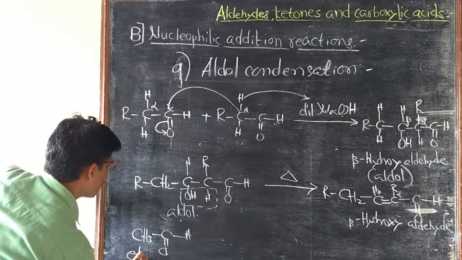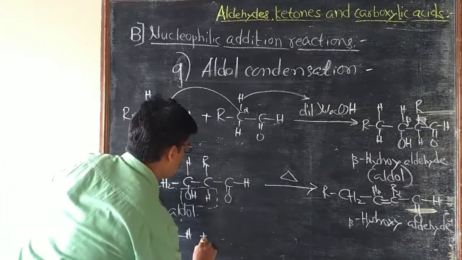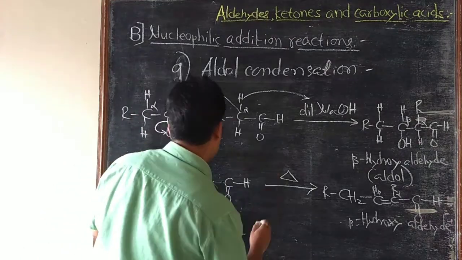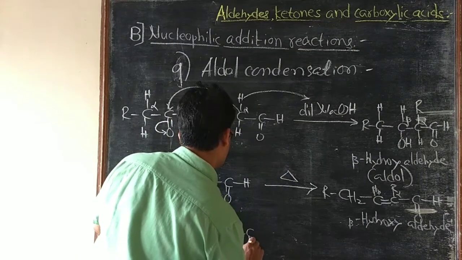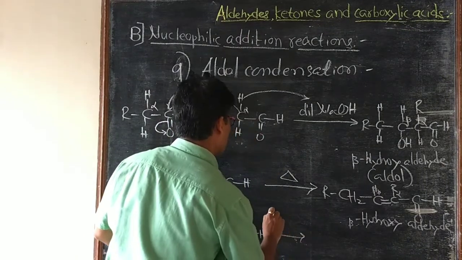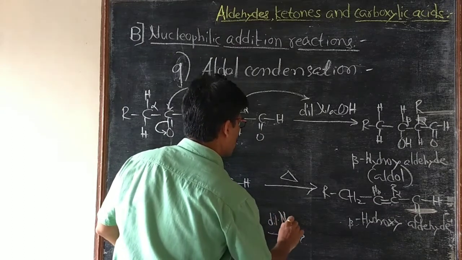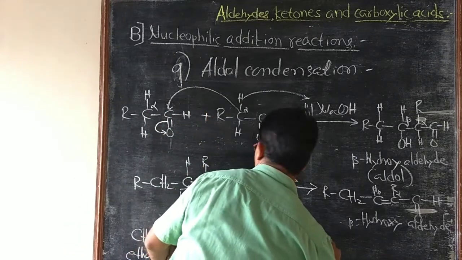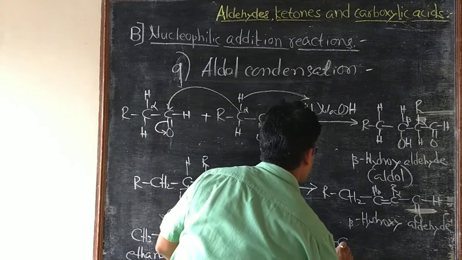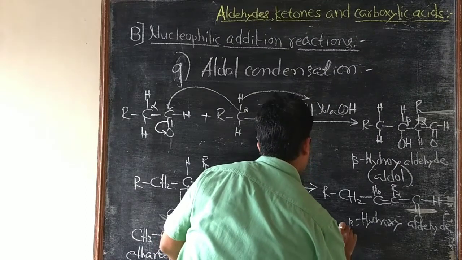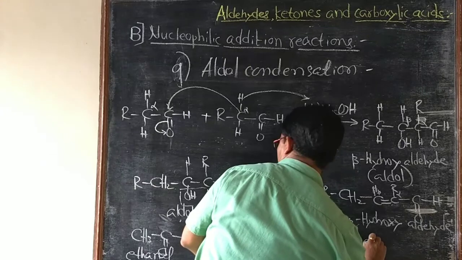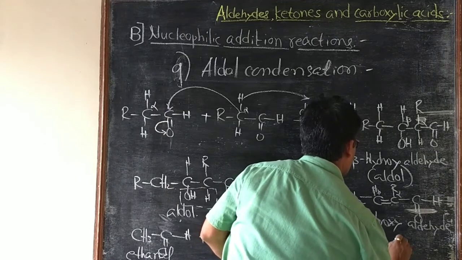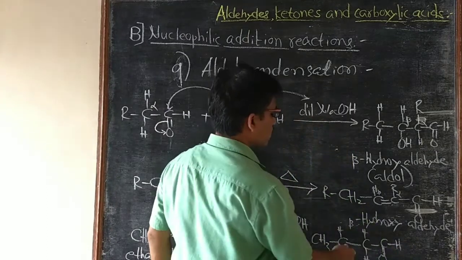For example, ethanal in presence of dilute alkali like dilute NaOH forms its aldol, 3-hydroxybutanal, numbering 1 2 3 4.